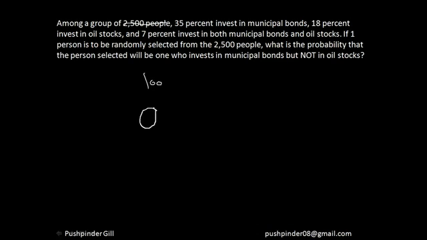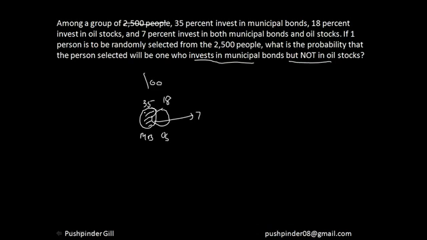And if I draw the diagram, 35% of the people invest in municipal bonds and 18% of the people invest in oil stocks and 7% is both, right? Now he's asking, what is the probability that the person selected will be the one who invests in municipal bonds but not oil stocks, which is nothing but this area.